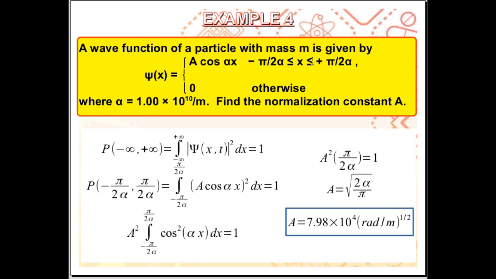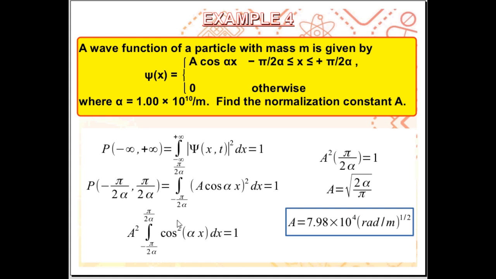Psi for that range is A cosine alpha x. So get the absolute value of that and square it. A is constant, so A squared we can bring out of the integration. We are just integrating cosine squared of alpha x dx, and the whole left side is equal to 1.